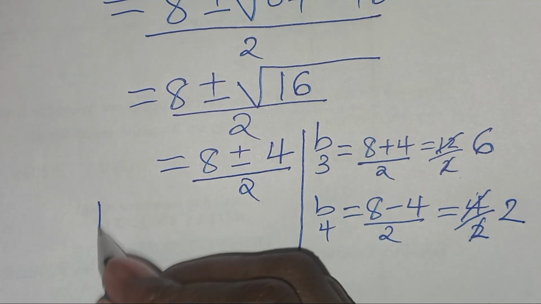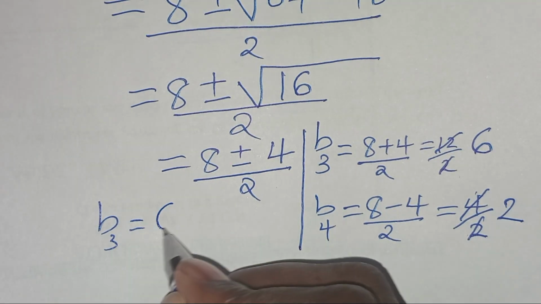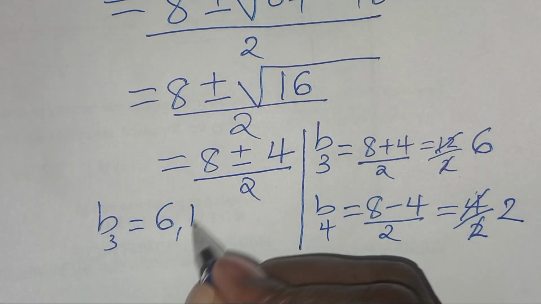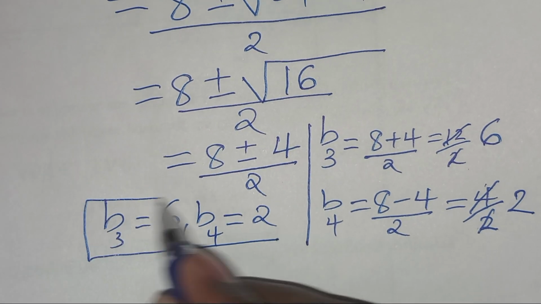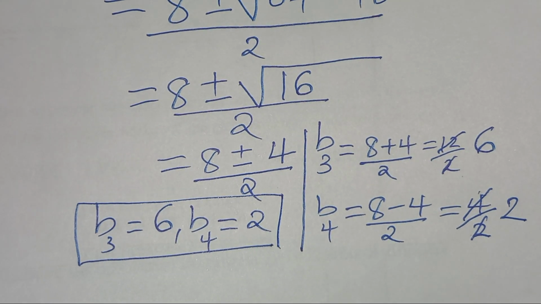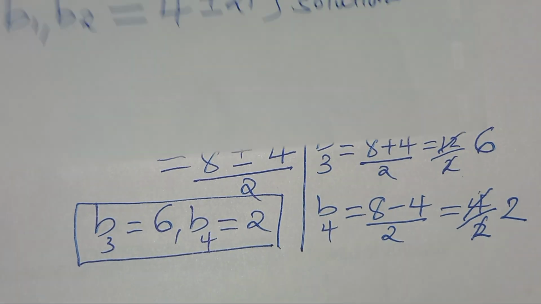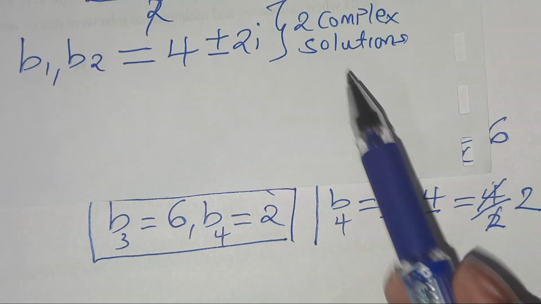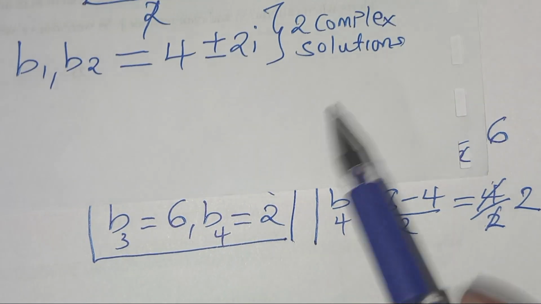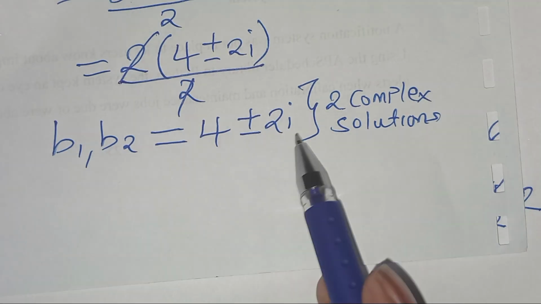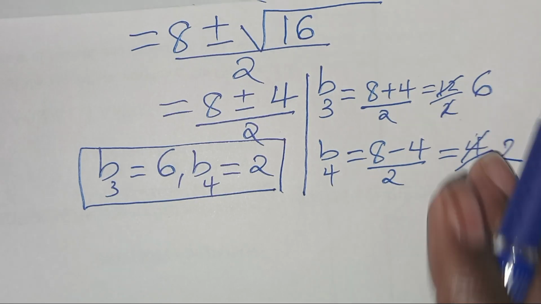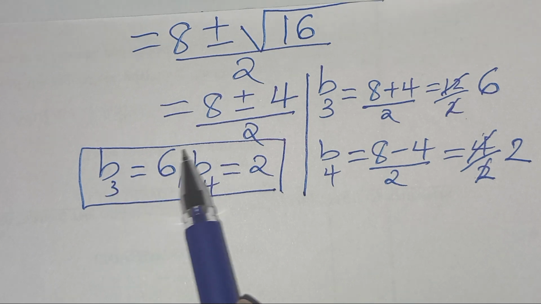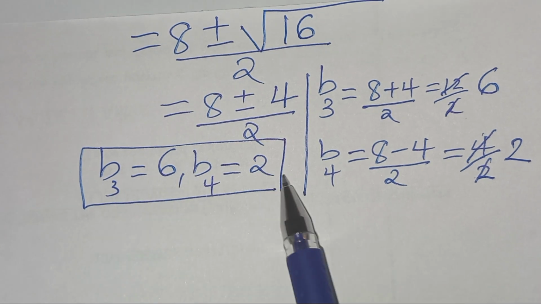So we have that b3 is equal to 6, and b4 is equal to 2. So we have two real solutions and two complex solutions to this problem. These are two complex solutions, 4 plus or minus 2i, and two real solutions, b3, which is 6, and b4, which is 2.